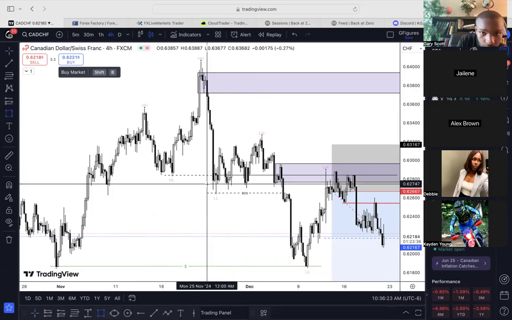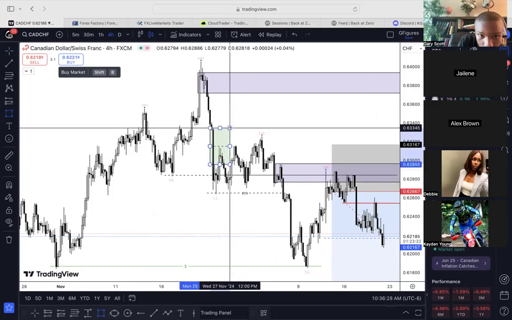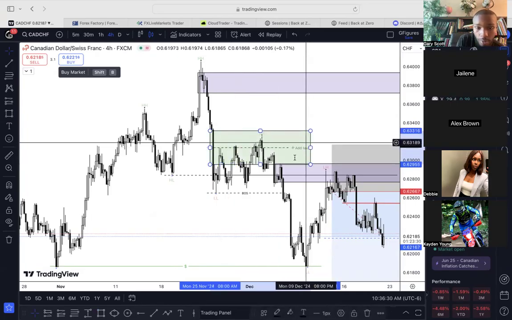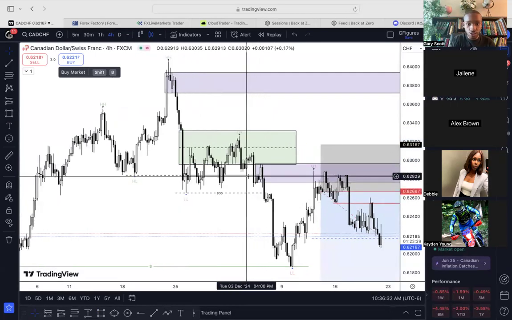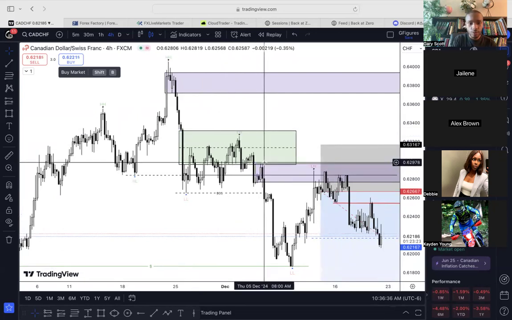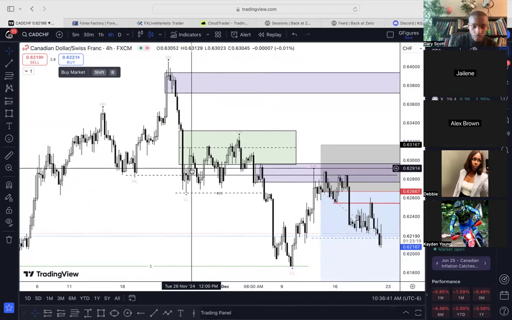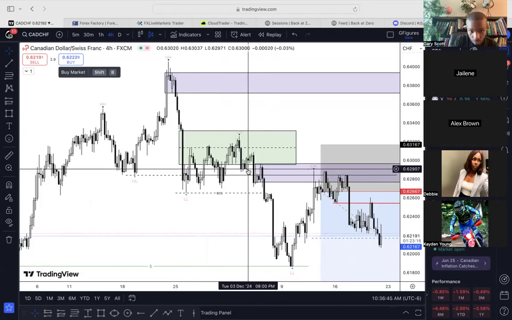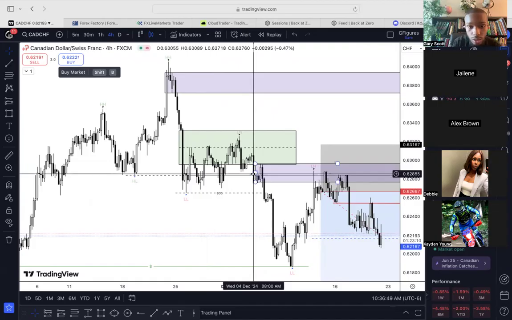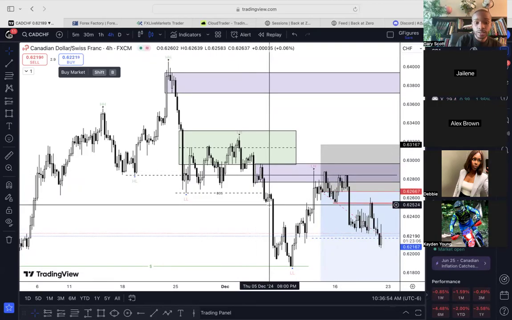Because if we take a look at this from wick of this candle to wick of this candle, price has respected and continuously could not close back above this level. But what we want to see, remember, is candles close below. The moment we see candles closing below is the moment that we know we can potentially take action to the downside.